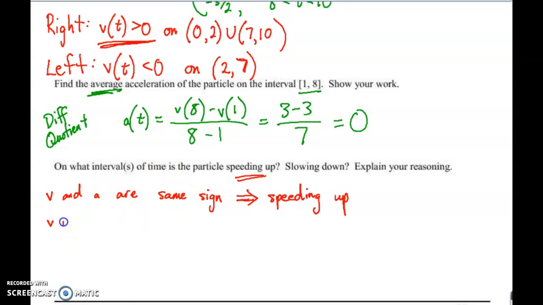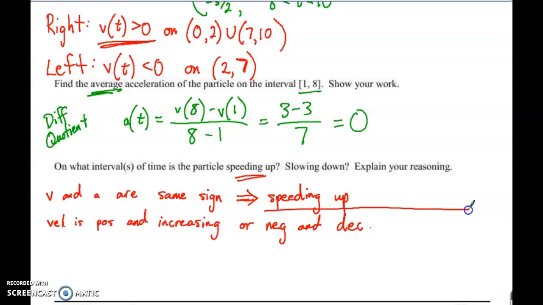If velocity, and you can write down velocity, is positive and increasing, or negative and decreasing, that would be another good reason. That's all to say it's speeding up. So those are your reasons to say it's speeding up.